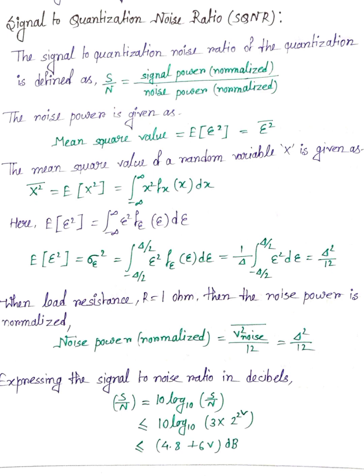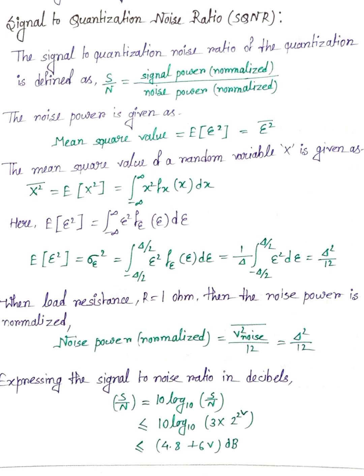The mean square value of a random variable x is given as x square bar equals expectation of x square, equals integral from minus infinity to plus infinity of x square f_X(x) dx. Here, expectation of epsilon square equals integral from minus infinity to plus infinity of epsilon square f_epsilon(epsilon) d epsilon.